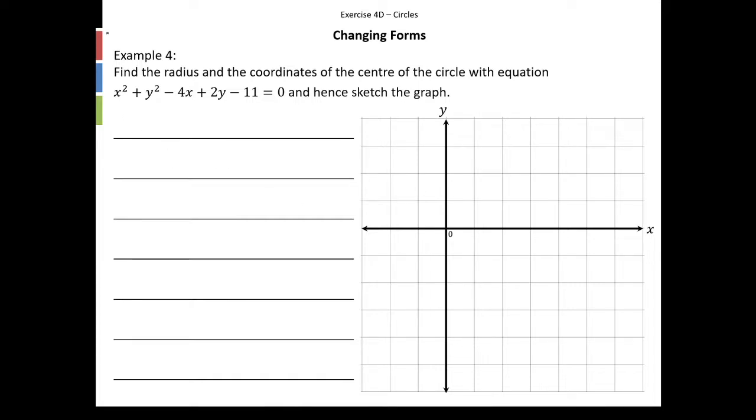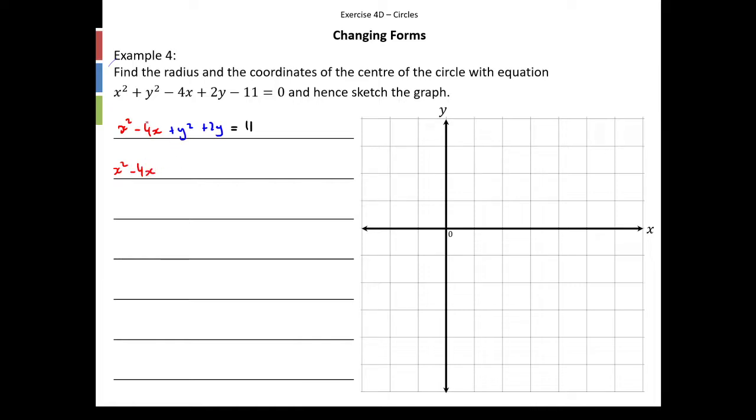So first off, I'm going to bring my x squareds together, or my x's minus 4x, bring my y's together plus 2y equals 11. Okay, now I'm going to complete the square for the x, so we get x squared minus 4x.